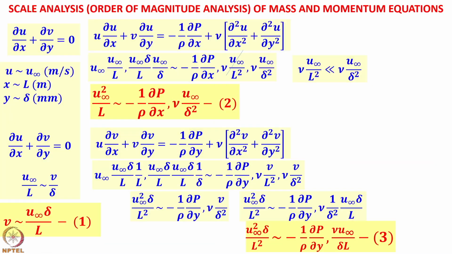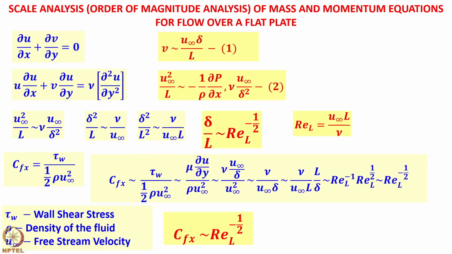We got the scale of delta by L, that is the hydrodynamic boundary layer thickness, was Re_L to the power of minus half. Delta by L was of the order of Re_L to the power of minus half, and C_f was of the order of Re_L to the power of minus half for flow over a flat plate.